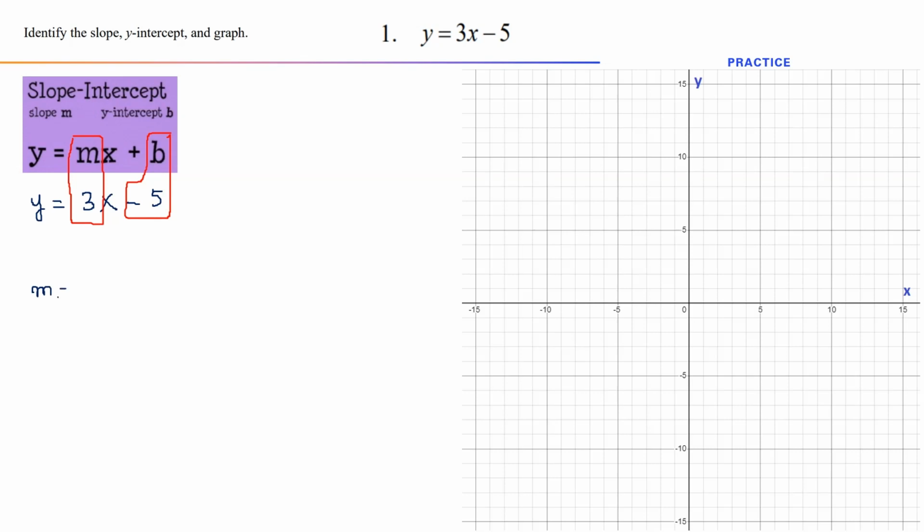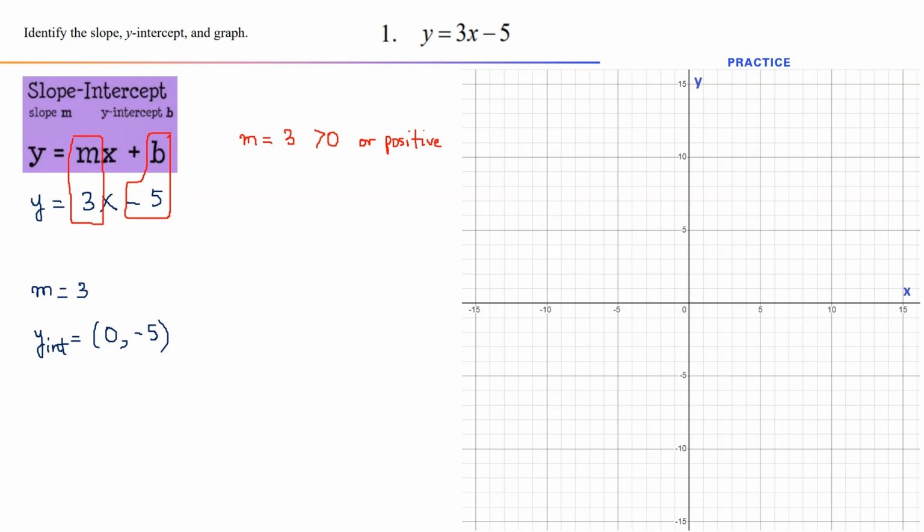So m equals 3 and the y-intercept is (0, negative 5). And we have m is positive 3. m equals 3 is greater than 0, or is positive.